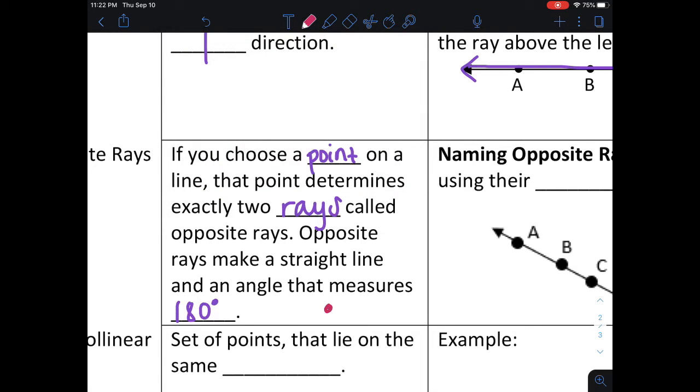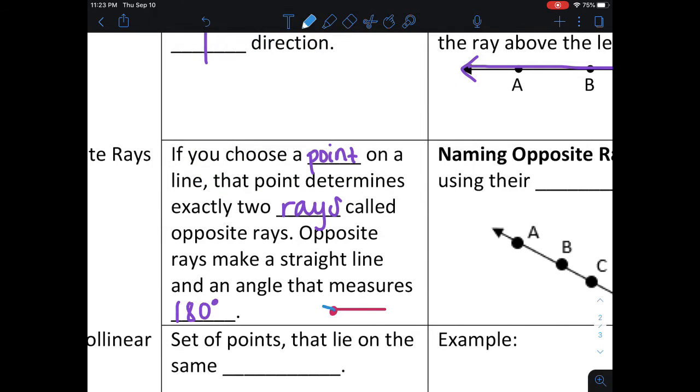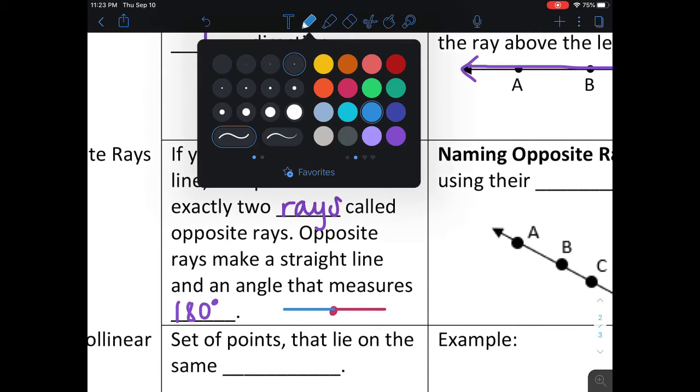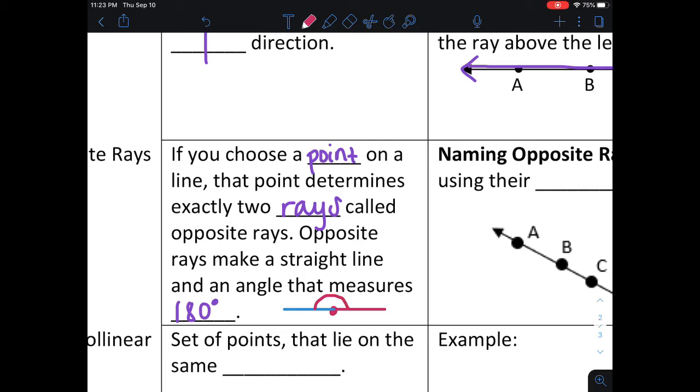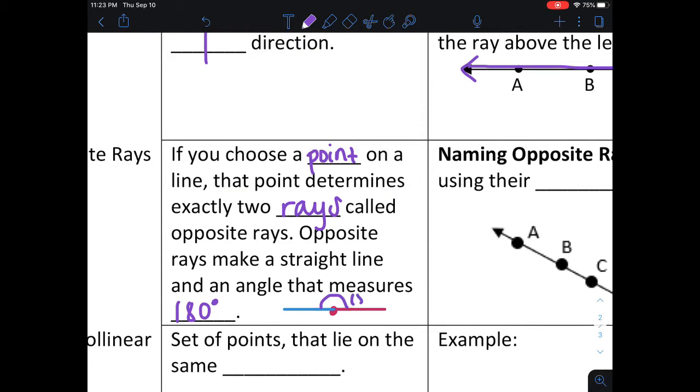If I have one ray that extends in this direction, and then another ray that extends in the other direction, they create a 180 degree angle. That's a straight line. 180 degrees is a straight line.